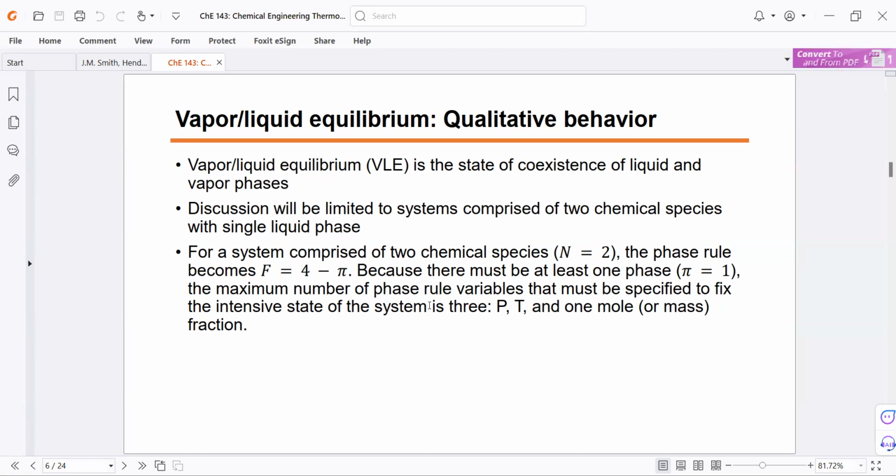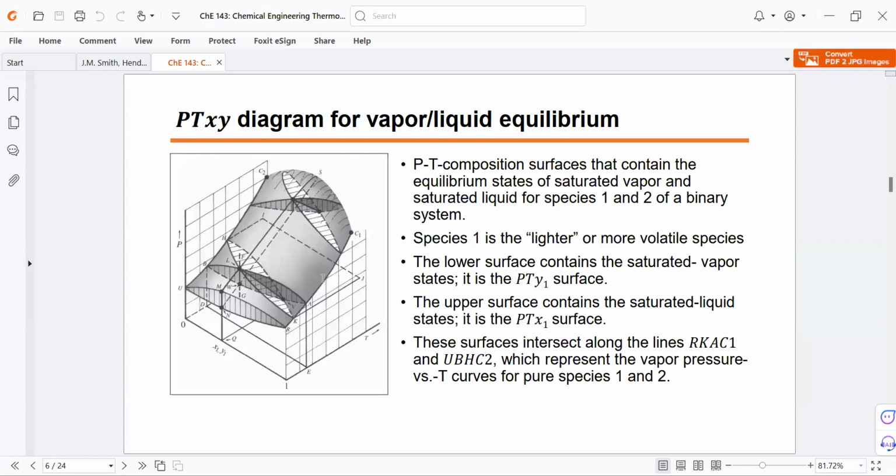When I say one, I'm referring to one of the species, not the quantity one. Fixing P, T and x would give rise to the PTxy diagram for vapor liquid equilibrium.